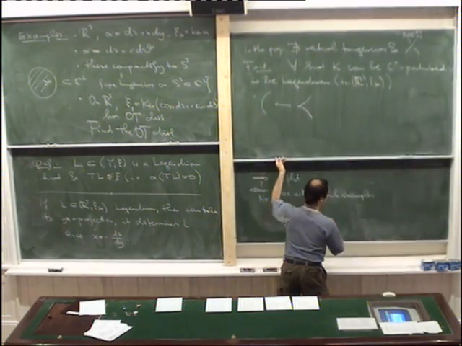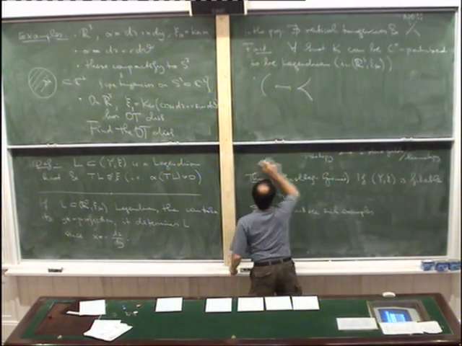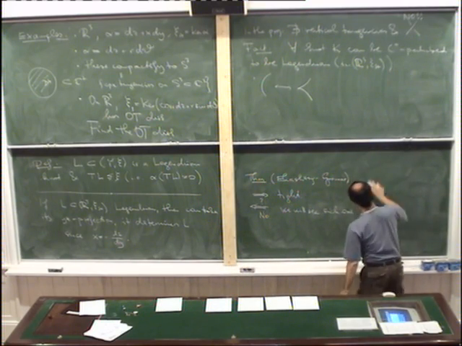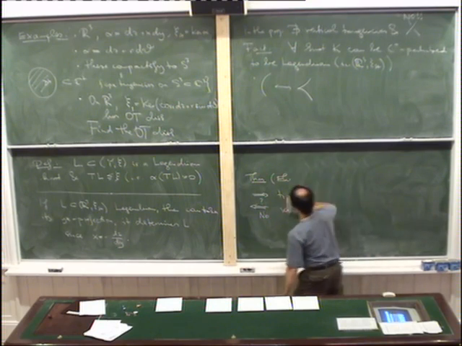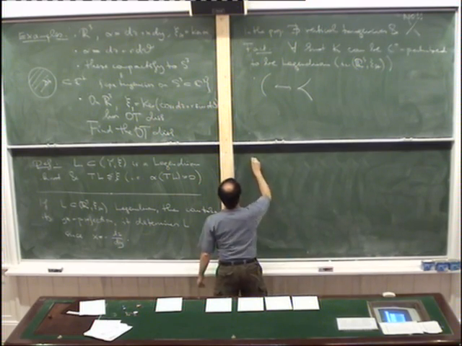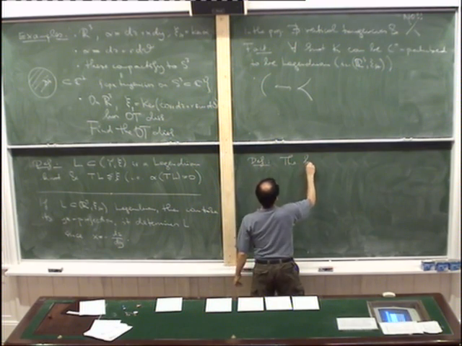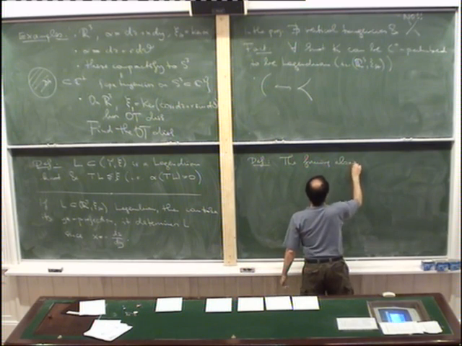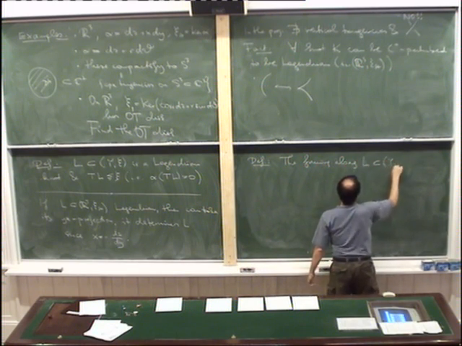Legendrian knots come with a framing, a trivialization of their normal bundles, which will be very important for us. So, definition: the framing along L in Y, xi.